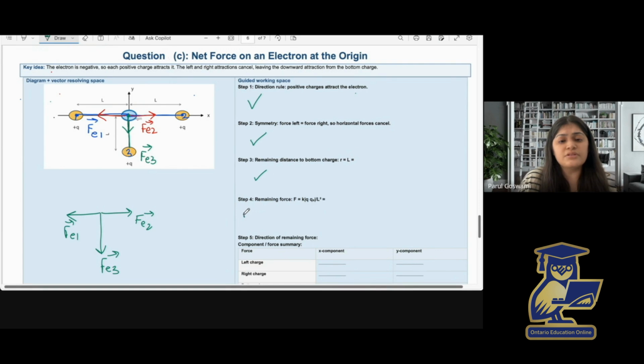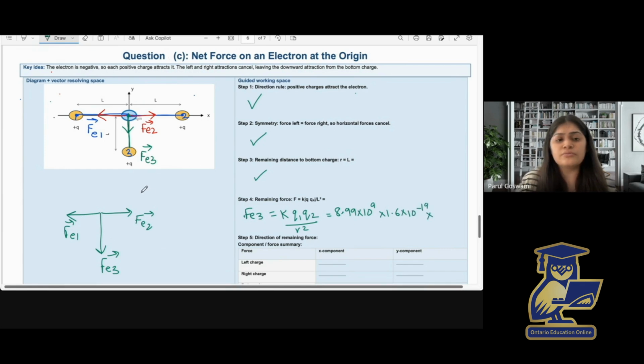So we are going to calculate that force. Using Coulomb's formula, we can determine this force: Fe3 equals k times Q1 Q2 over r squared. I can substitute the values. k is 8.99 times 10 raised to the power 9. Q1, for the electron, is 1.6 times 10 raised to the power negative 19 coulombs.